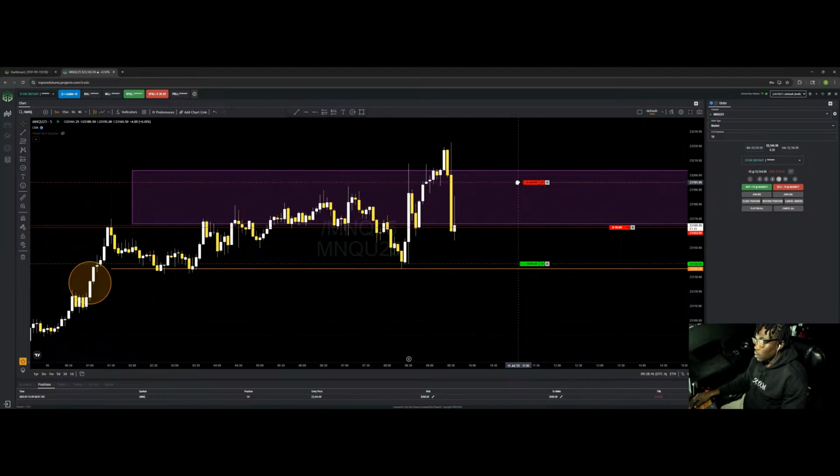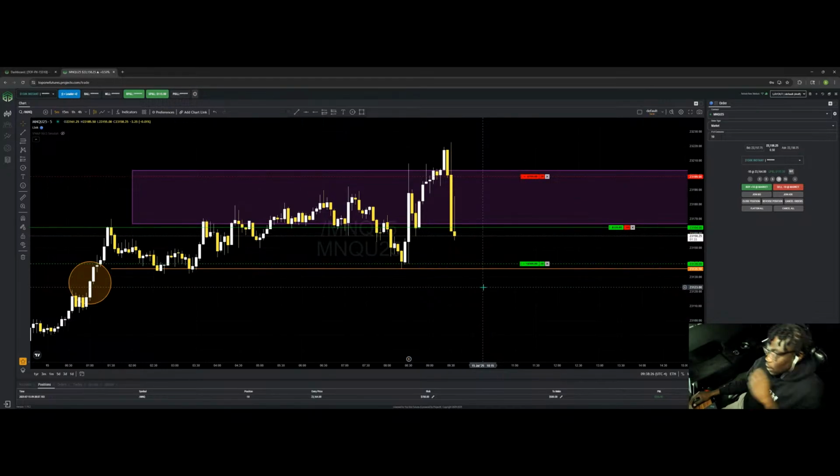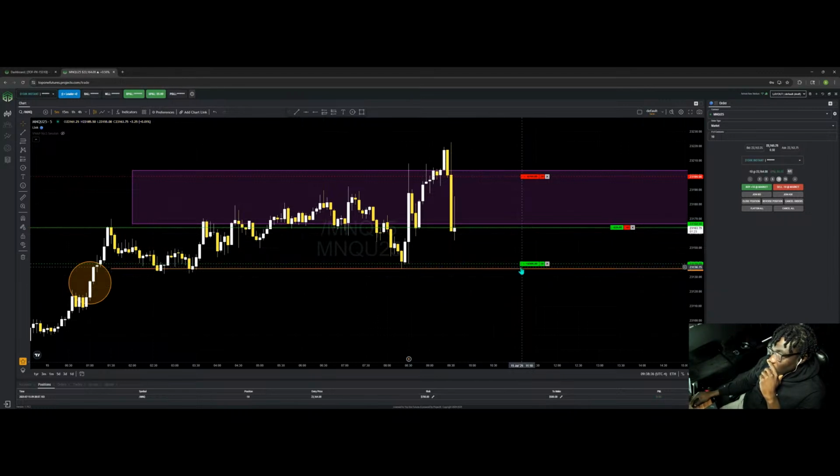And I made 200, so I can risk 7, because I already made 200. So go ahead and take this back on down. I'm still targeting the same levels. Be looking to get out at 135.